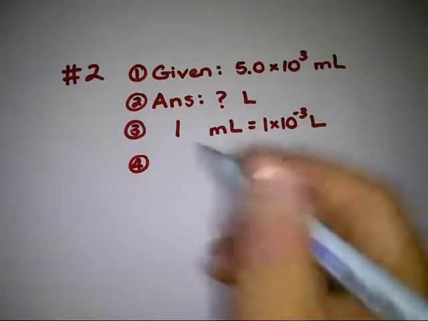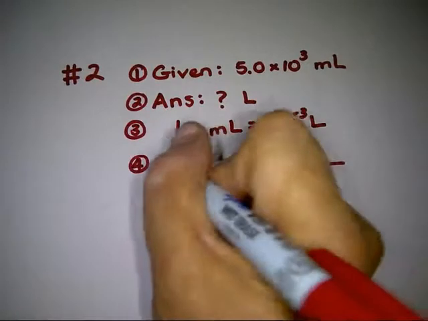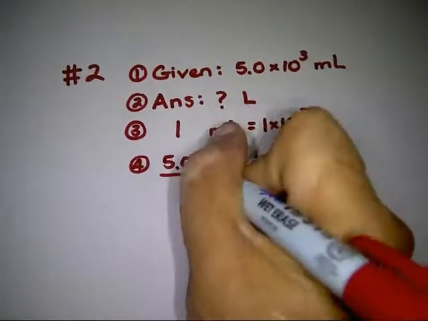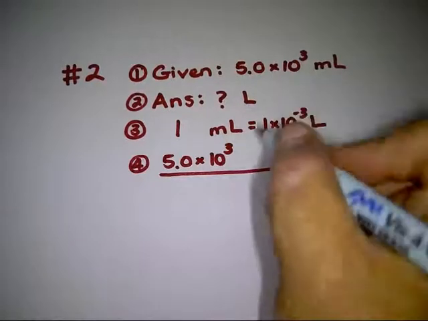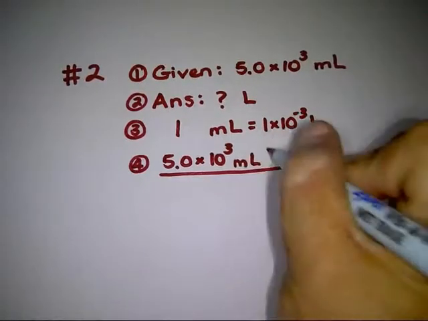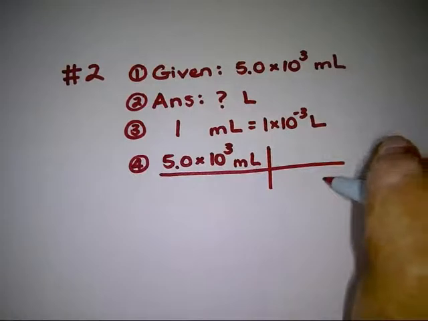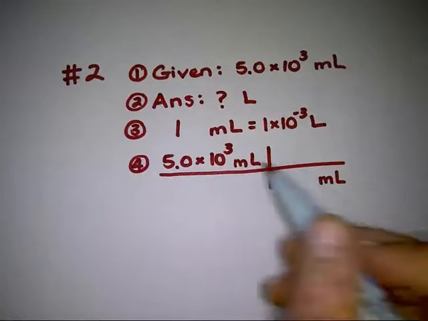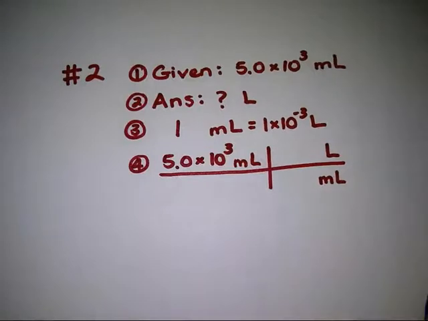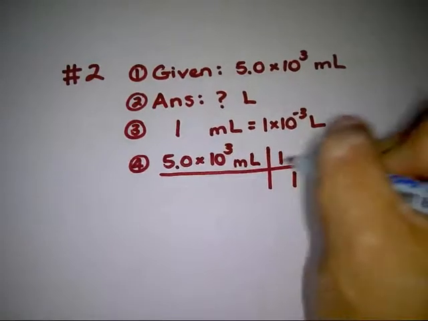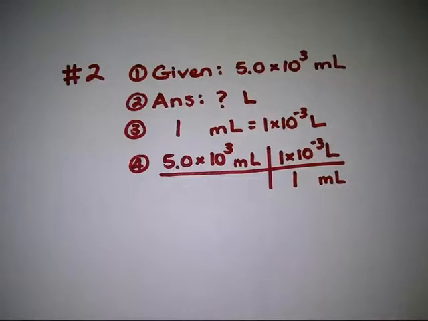Okay, fourth step, the grid. Again, we are going to plug in our given first, 5.0 times 10 to the 3 power milliliter. We are going to put milliliter on the bottom because they need to match up, top and bottom diagonally, and the top is liters. 1 milliliter, 1 times 10 to the negative 3 liters.